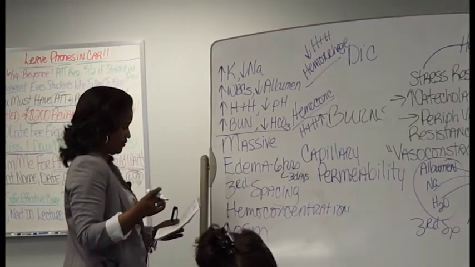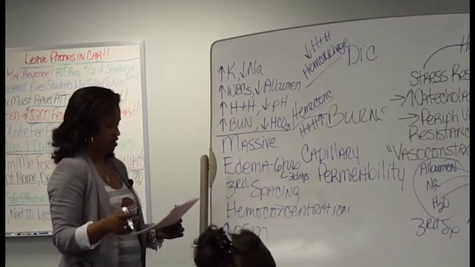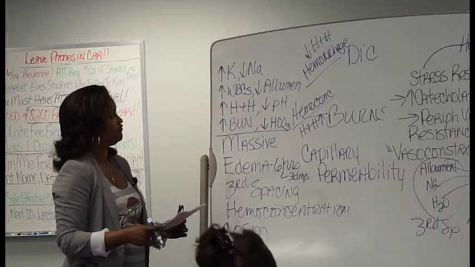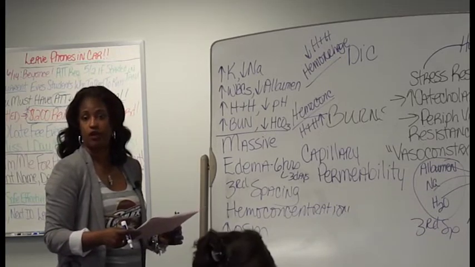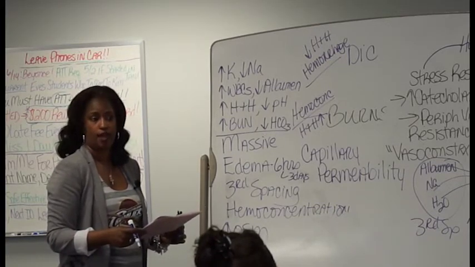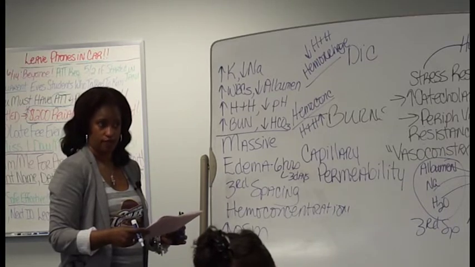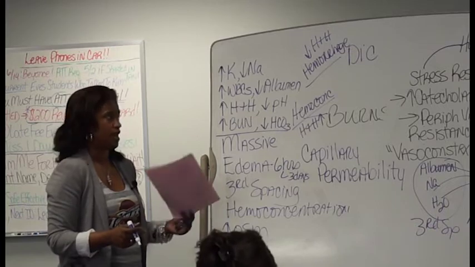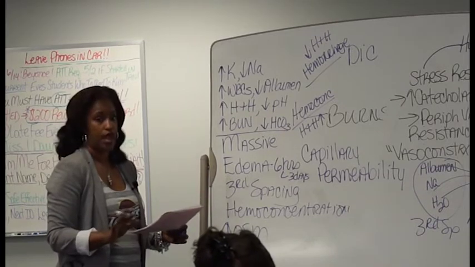That's the only one I think I left off. You have 4 up and 4 down. 4 labs up, 4 labs down. It's going to be very much just like this on DIC, but not those same labs.